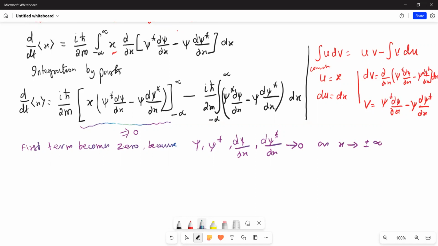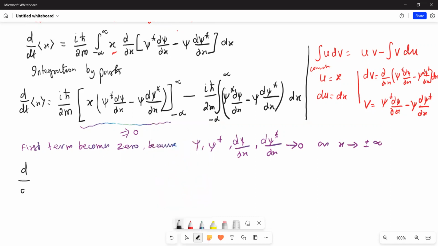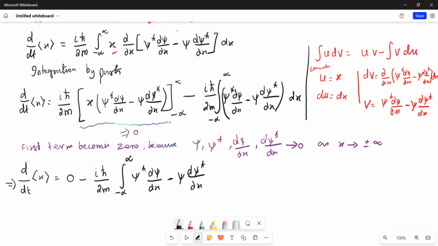So if the first step becomes 0, what will we get here? d by dt of the expectation value of x is nothing but, this full term becomes 0, so 0 minus this step only. i h cross by 2m, integral over minus infinity to plus infinity of psi star dou psi by dou x minus psi dou psi star by dou x dx.